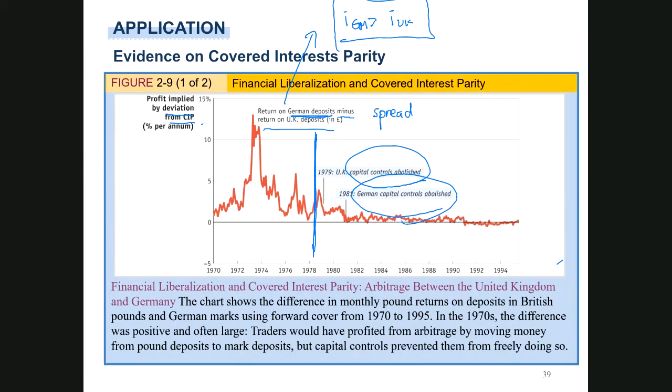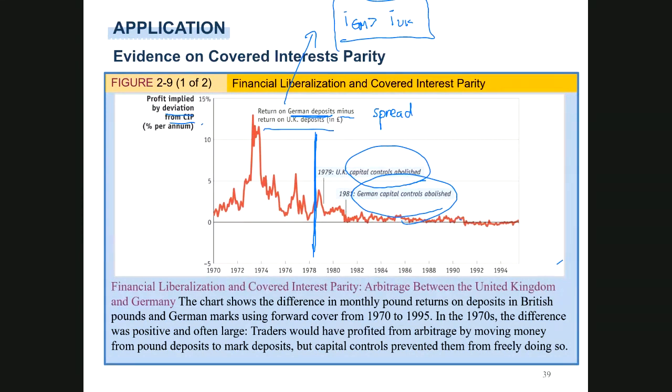For example, British people would convert their pounds to German marks to put their money in German banks so that they could enjoy a higher interest rate. If they convert it back to pounds, they get a higher return compared with just depositing their money in an English bank.